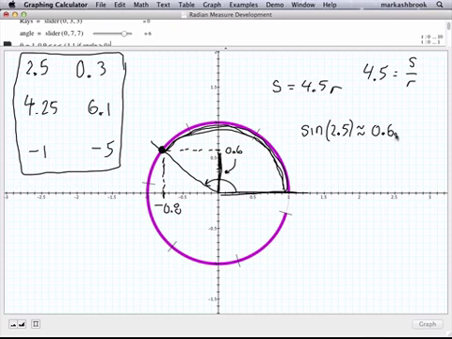What is sine? Sine is the y-coordinate, or the vertical distance above the horizontal diameter, measured in? Not radians. Radians is angle, so measured in radii, or radius lengths. Okay? So the input into sine is the angle in radians. And so if sine is a function, it works on 2.5 and it spits something out.